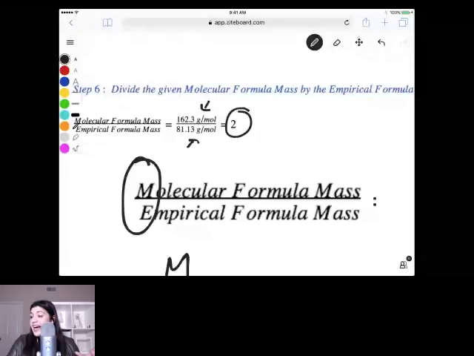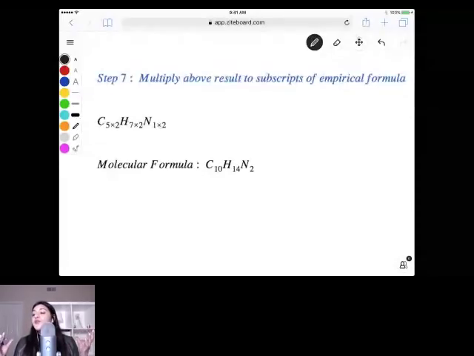What we're going to do next is multiply the above results. So just multiply the subscripts of your empirical formula with that 2. And finally, we get our molecular formula. Okay, so this is very large. This is actually carbon. There's 10 carbon, 14 hydrogen, and 2 nitrogen. All right, so that is the molecular formula of nicotine.